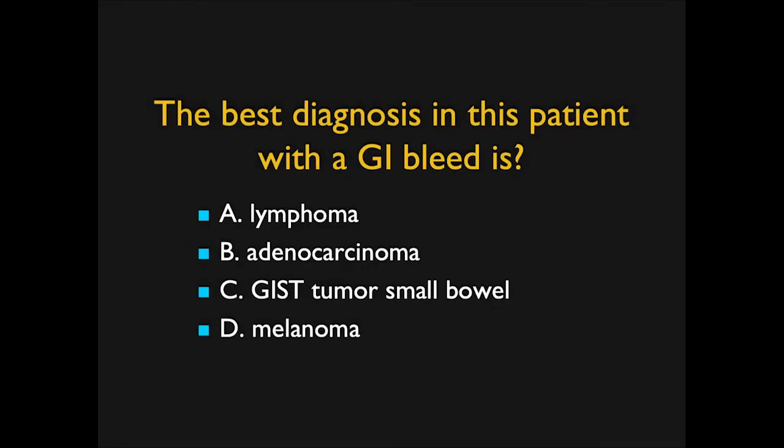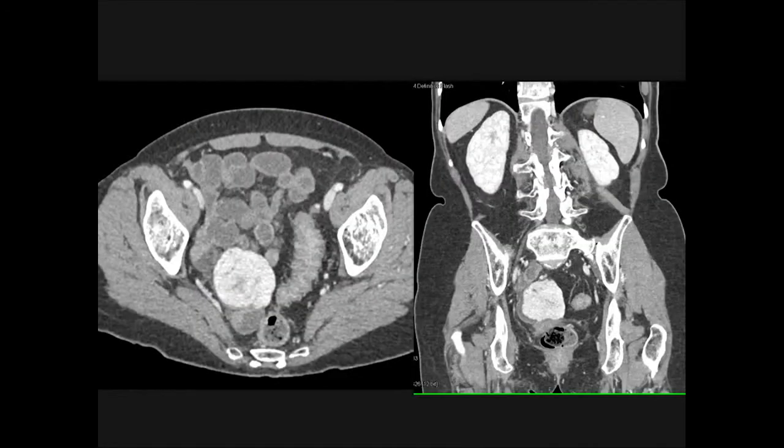This patient had GI bleed, and when you look at the images, there's a vascular lesion or a high-density lesion in the patient's pelvis adjacent to the ilium. And I've never seen lymphoma be this dense, and I've never seen adenoma be this high density, or even melanoma.